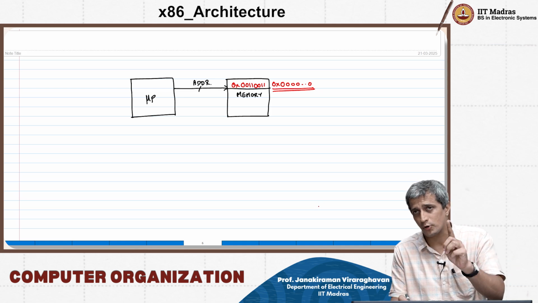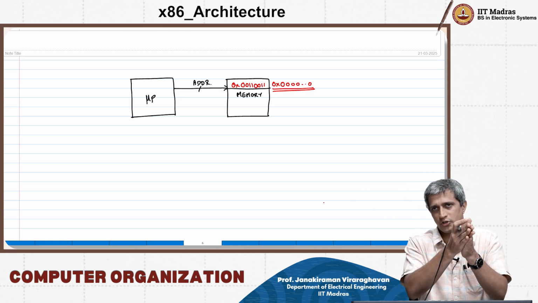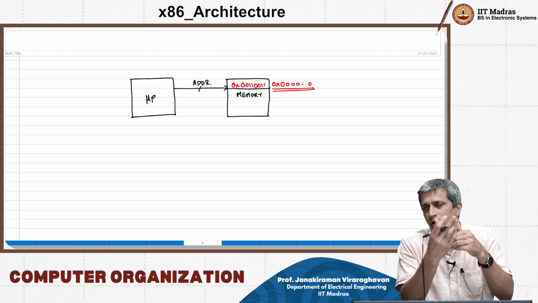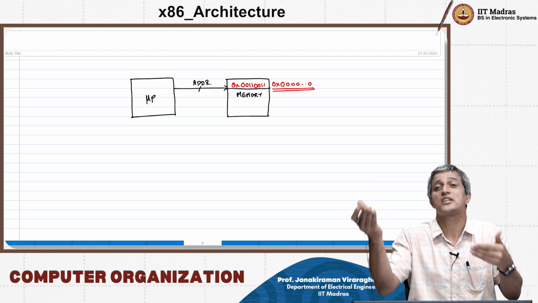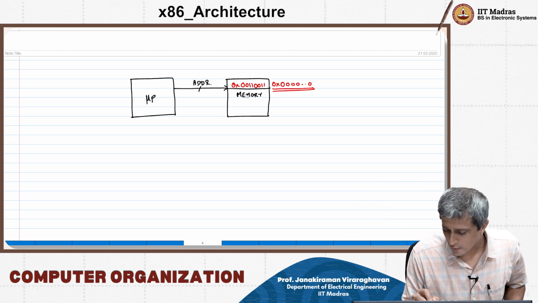The microprocessor will read this memory location, try to understand what that instruction is, execute it, and then it needs to know where the next instruction is.